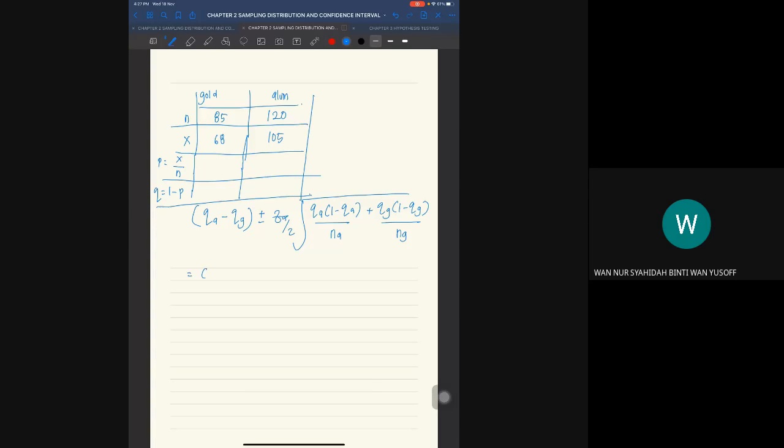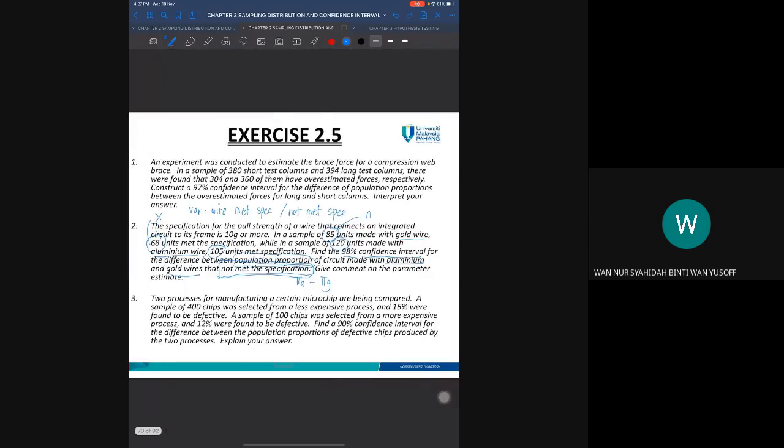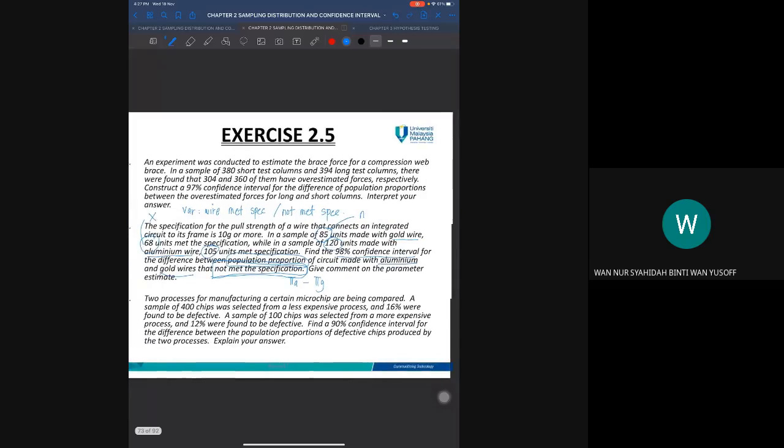Okay. Lower bound, what do you get? Lower bound of your CI. Anyone?